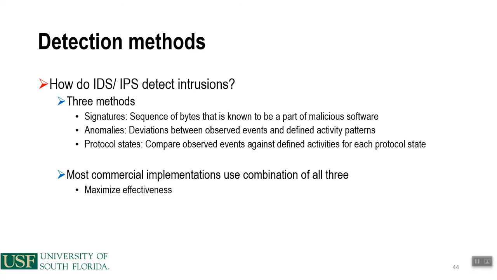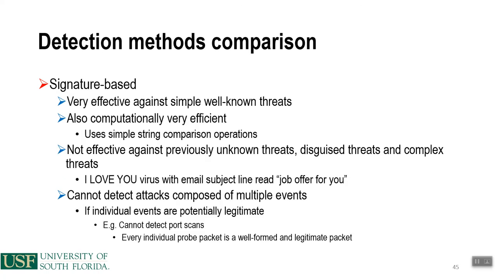Anomalies are deviations between the observed events and defined activity patterns. So there is a defined set of activities, a baseline that's been set, and then anomaly detection will detect the deviations between the observed events and the defined activity. And the protocol states compare the observed events against defined activities for each protocol state.